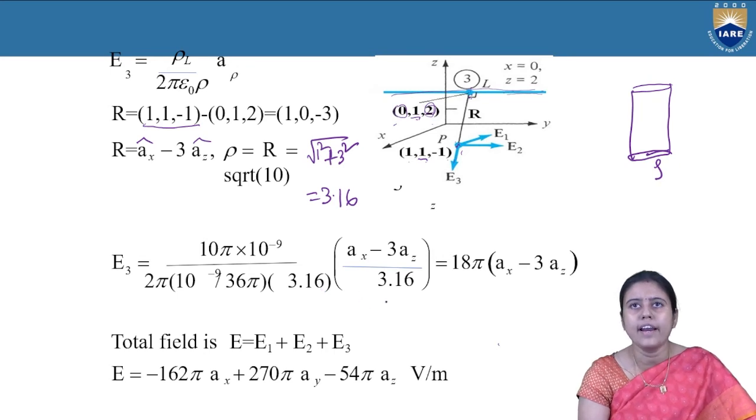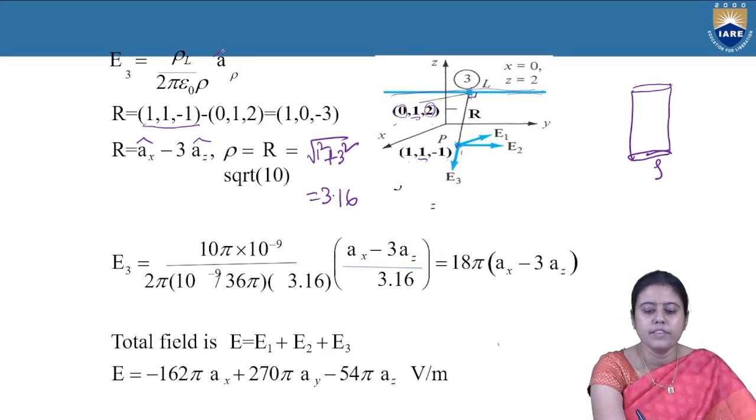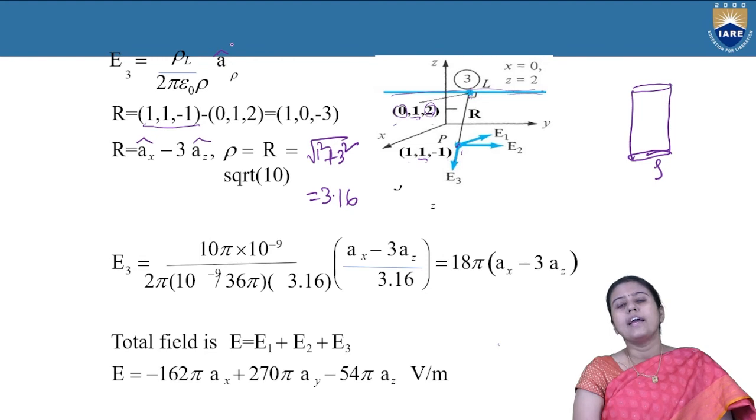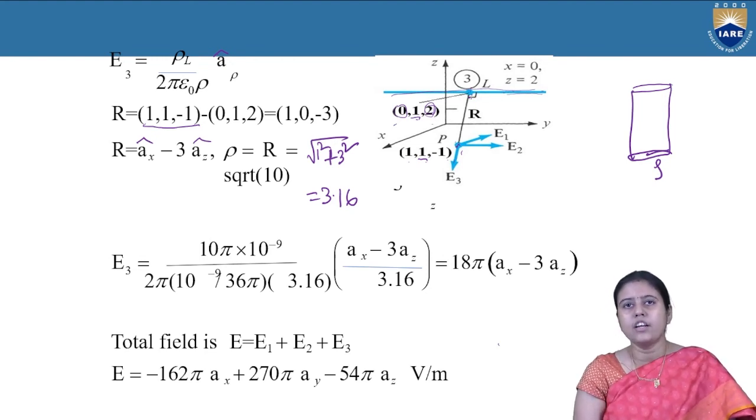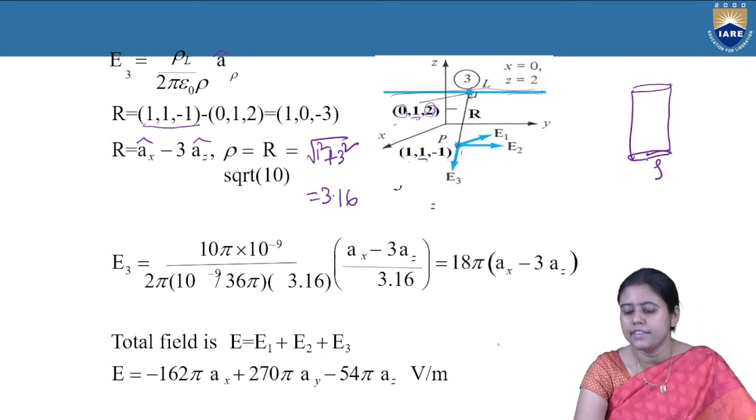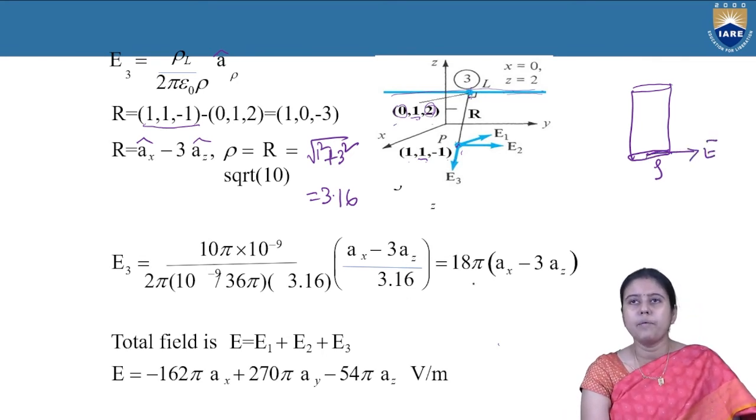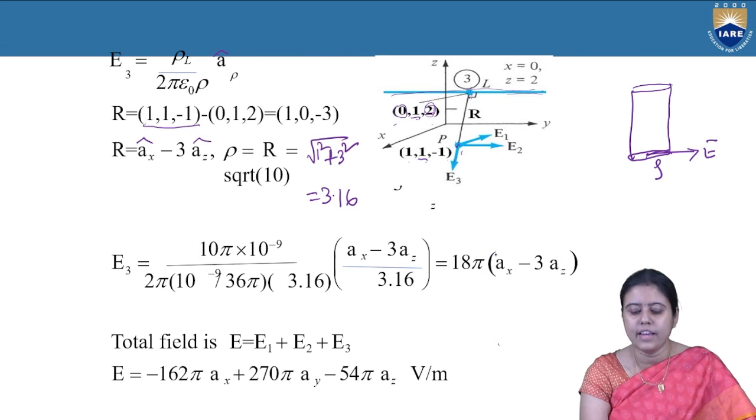And what is the direction? The direction of intensity is always radial. So we put the values and we got E3 is equal to 18 pi ax minus 3az.